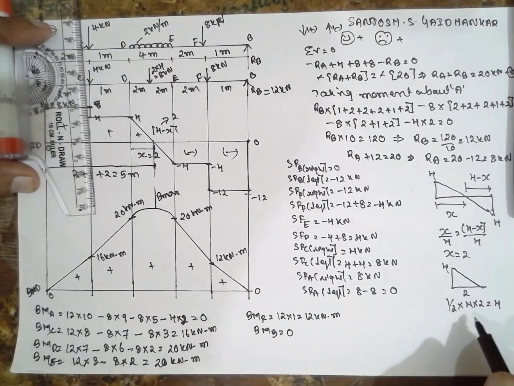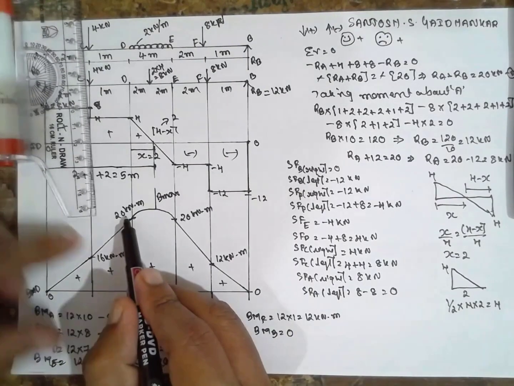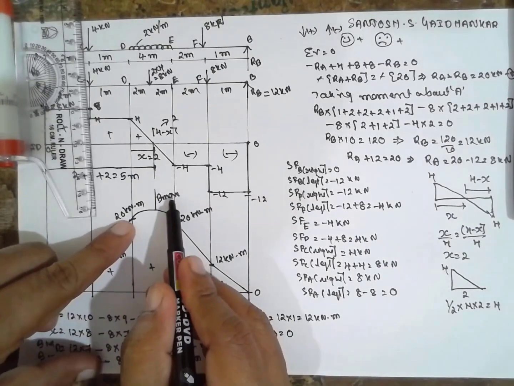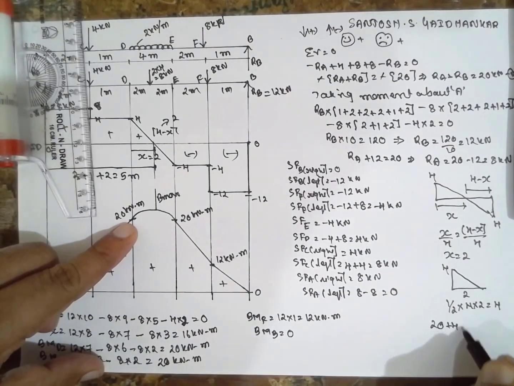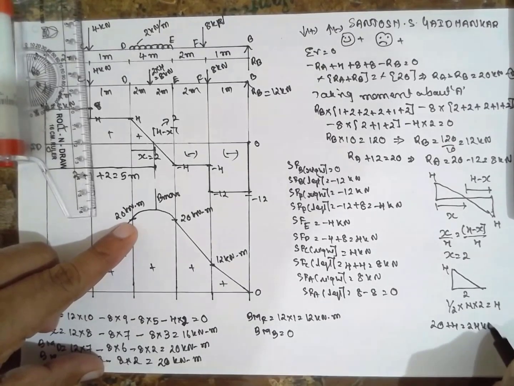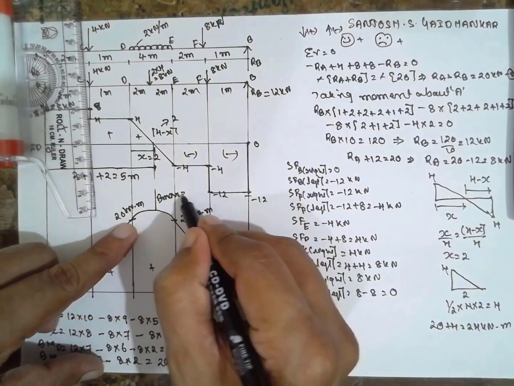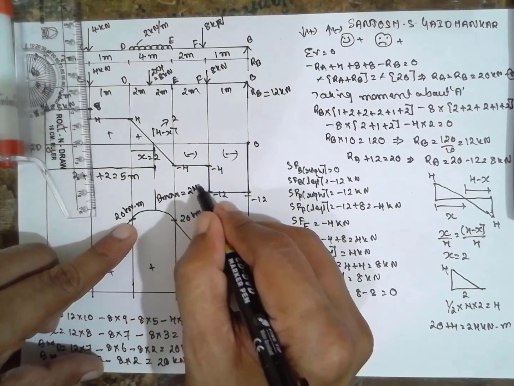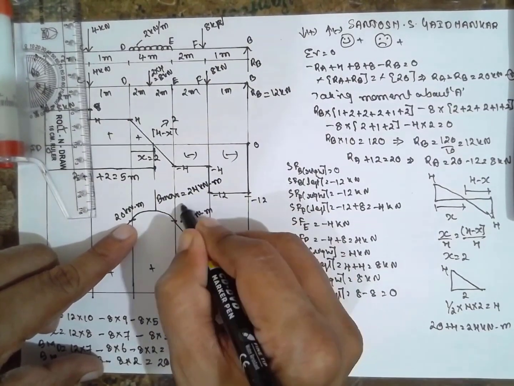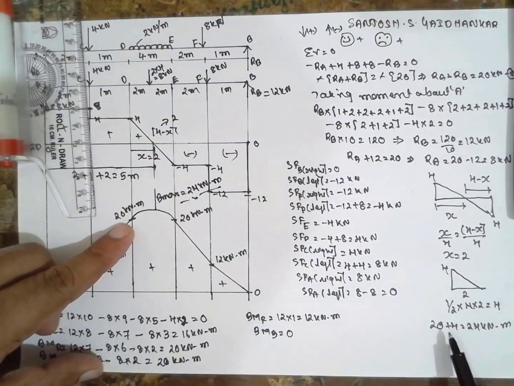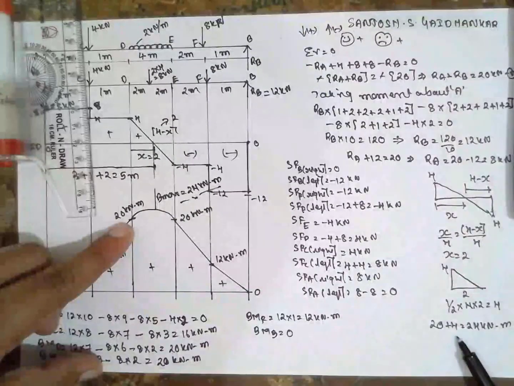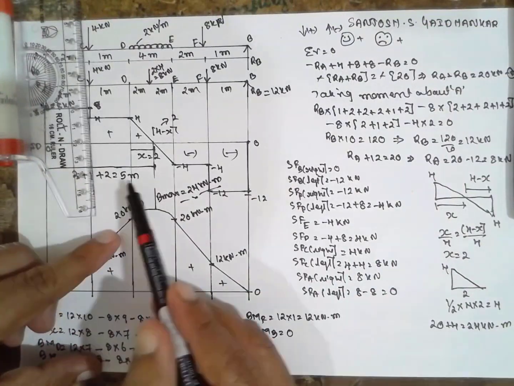Area of triangle 4, and that 4 has to be added to 20 in order to get bending moment. 20 plus 4 is nothing but 24 kilonewton meter. The maximum bending moment is 24 kilonewton meter. This is positive side, therefore I have taken a positive. If it is negative side, I have to take negative here. In this way you have to solve the problem.